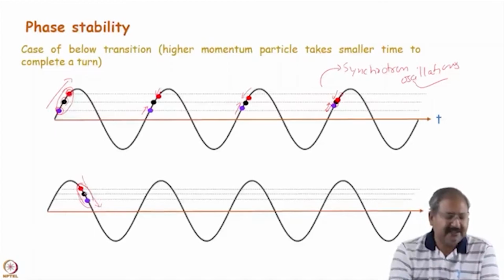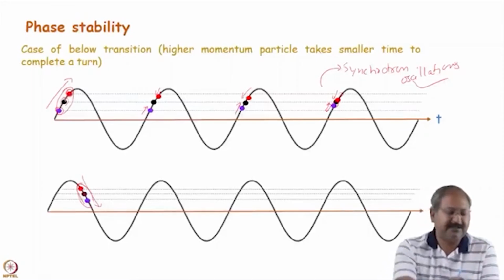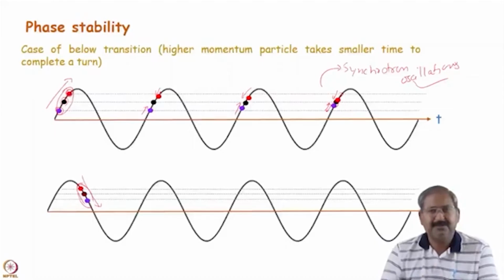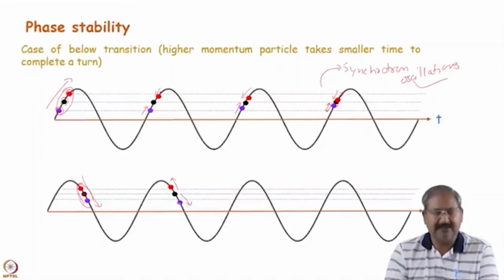Still, the synchronous particle is taking the same energy as in the previous case, so it will come again on the same phase after the first revolution. However, because the higher energy particle, the red particle, will come early, it will go away from the synchronous phase. And similarly is the case for the lower energy particle.